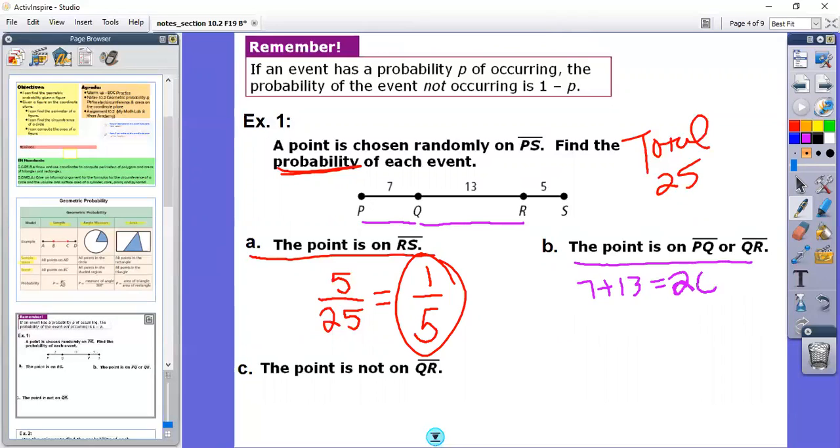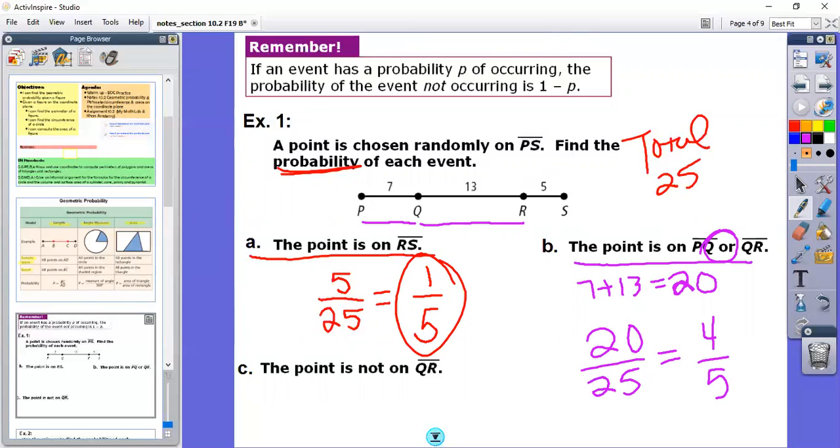And so we're going to take 20 out of 25 this time. Whenever we have an OR question, we typically will add those segments together, and then we'll simplify the fraction. So there's a 4/5 chance that if we randomly select a point, it will be on PQ or QR.